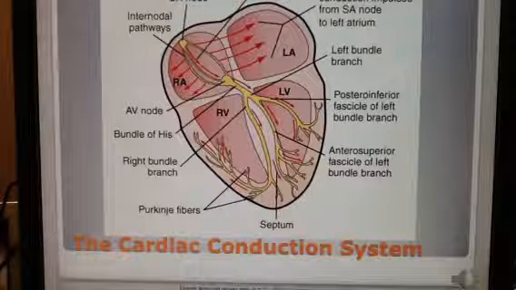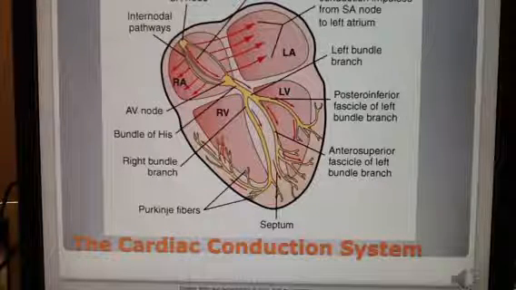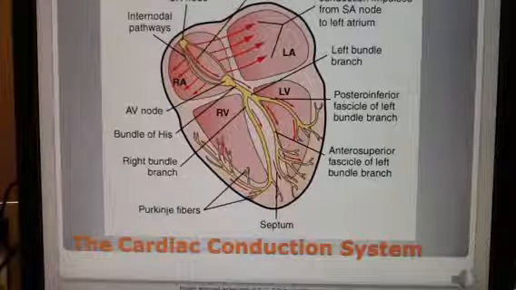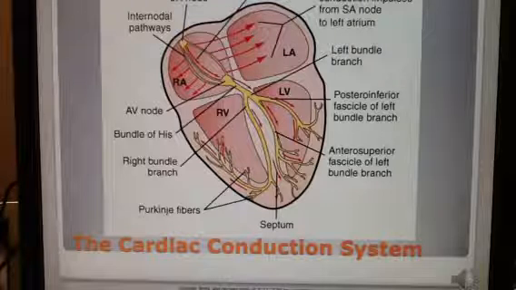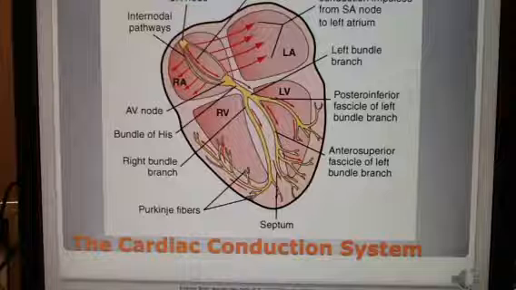Okay. So how does that muscle itself, the cardiac muscle, beat? Where does it get its stimuli from? Well, the heart has its own stimuli, its own conduction system and electrical system.